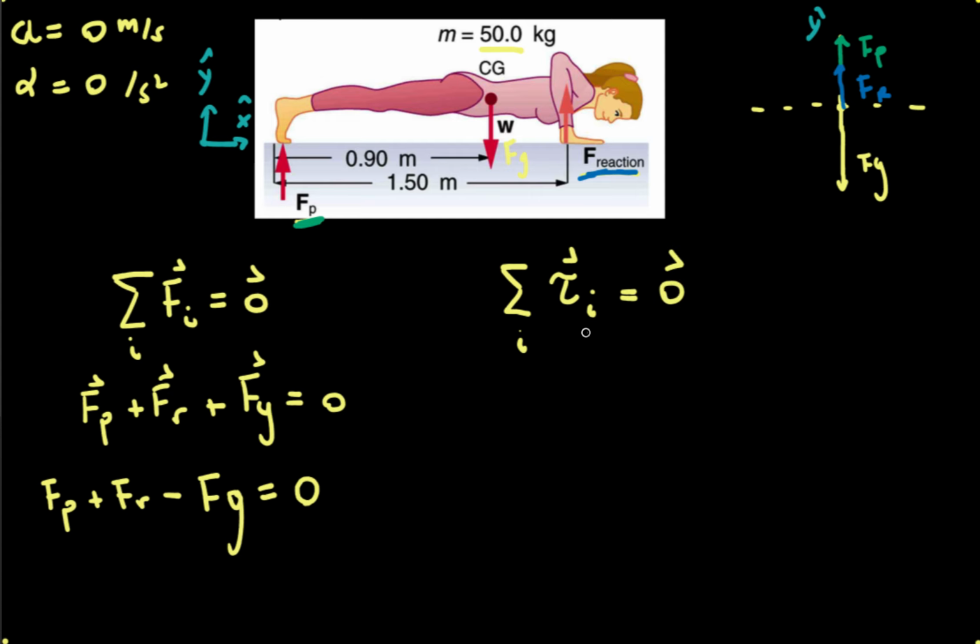So if a body that can rotate is in equilibrium, then the total sum of all its forces must be equal to 0, and the sum of all the torques must be equal to 0. Okay, good. So now we have three forces, which means we have potentially three torques. So torque P due to force P plus torque reaction due to the reaction force plus a torque due to gravity, G, equals 0.